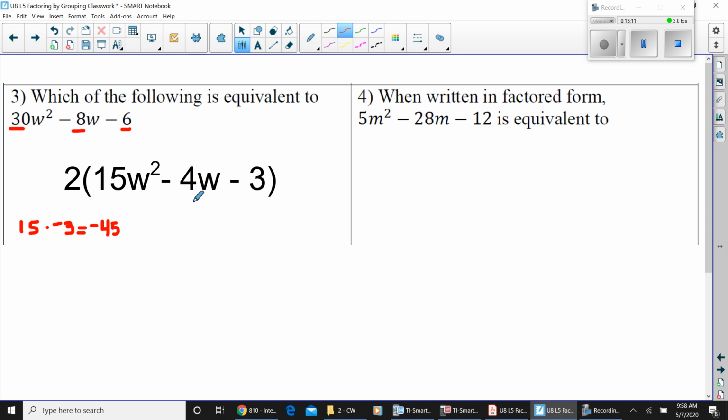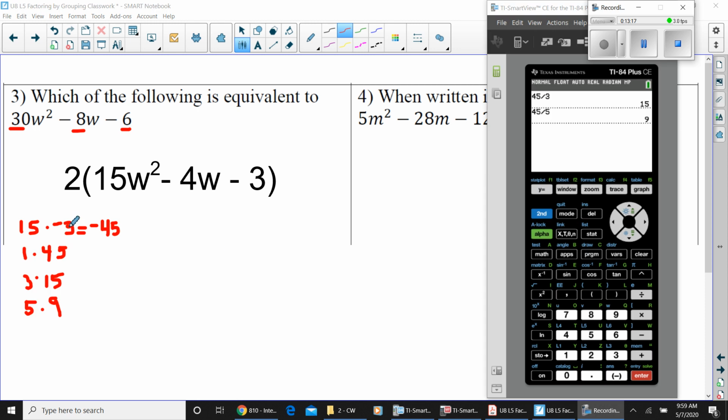Alright, so let's see how we can do this. So when you look for your factors, just count up from 1, see 1 times 45 just to get the ball rolling, and then 2 doesn't go into 45, you don't have to try it. Look at my calculator, what I did 45 divided by 3, I knew it was 15, 15 and 3 can't make a 4. Then I go to 9 and 5 and I stop there and I say, alright, I could actually use this to make 4.